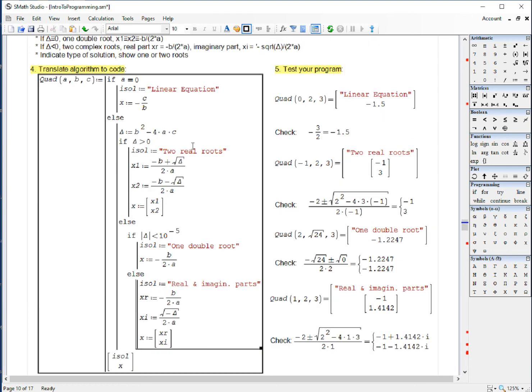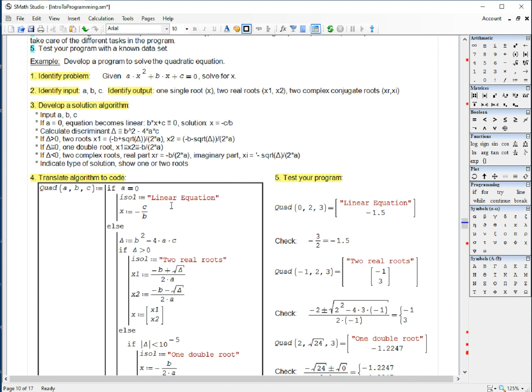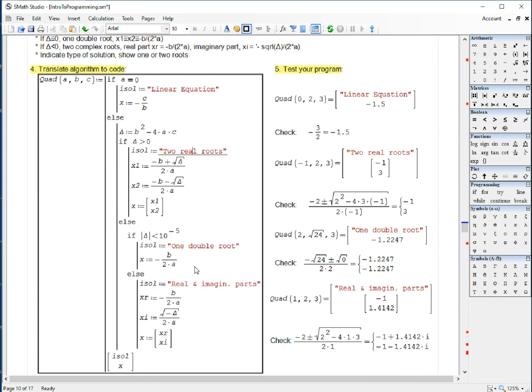So I have all the four options that I presented in here: linear equation, two real roots, one double root, real and imaginary part. Maybe I should even improve this and say double real root. And this is just a string of characters presented within double quotes.